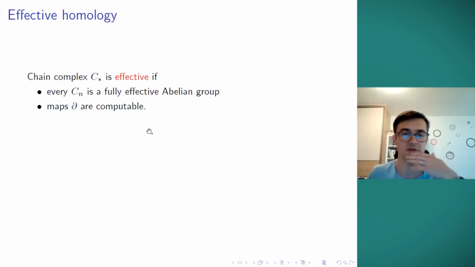The same goes for chain complexes. We have a possibly infinite simplicial set or simplicial complex, but we still want to compute with a chain complex. How is this done? The chain complex is called effective if at every n, this is a fully effective thing and all the maps are computable.